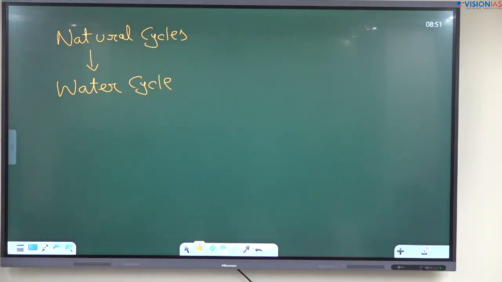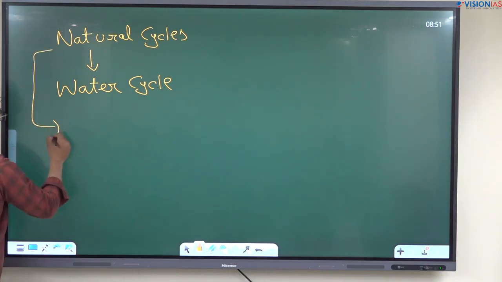You might have studied this in your school education. What is the water cycle? Evaporation occurs, condensation happens, clouds are formed, and from clouds rainfall occurs and water comes back on Earth. The water cycle is the simplest, most common natural cycle that you are familiar with.